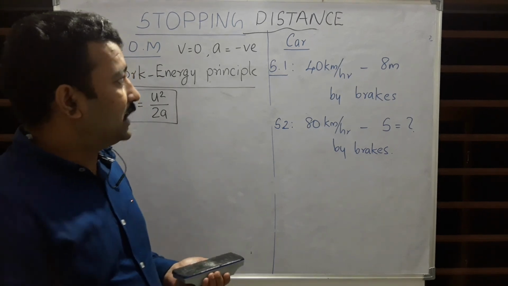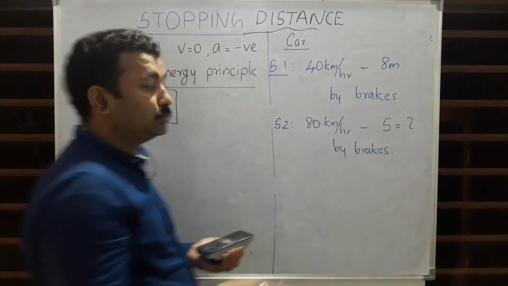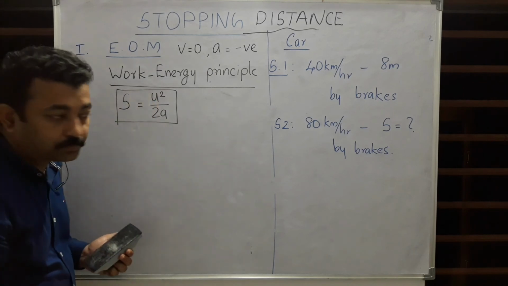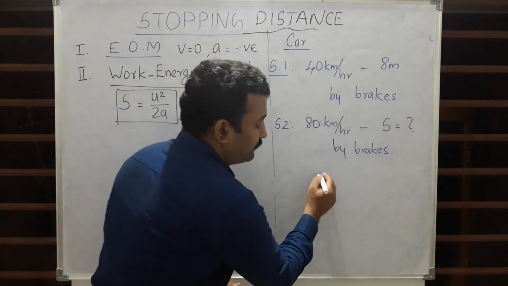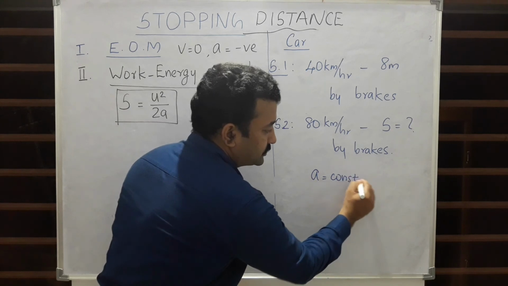I'll take this one as the S1 case, and this one as S2, situation 2. I have this expression, S is equal to u square by 2a. In both cases, brakes are applied. That means we can assume the force acting was the same, or acceleration is constant.